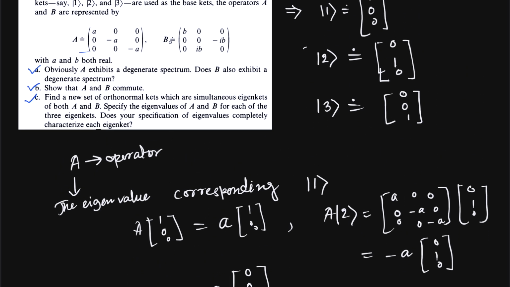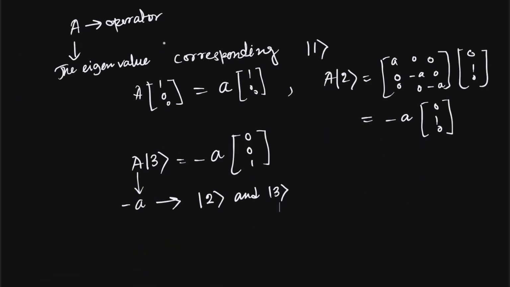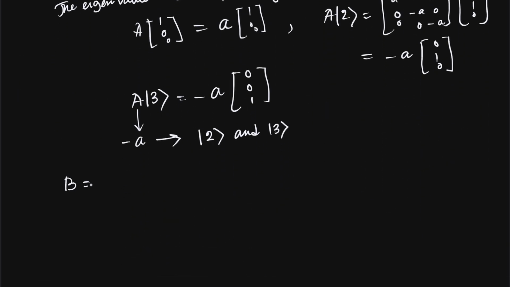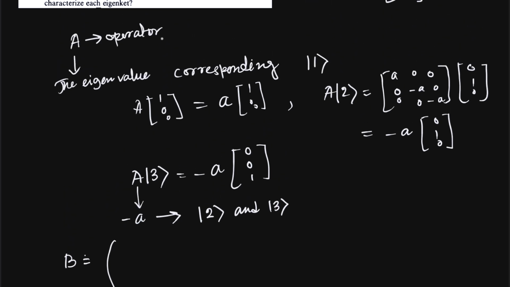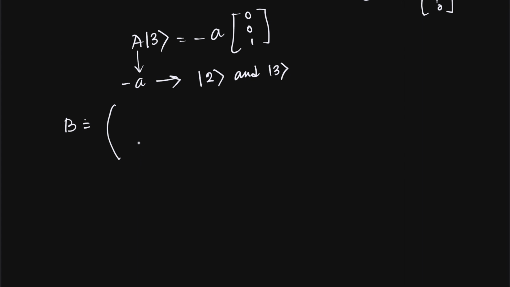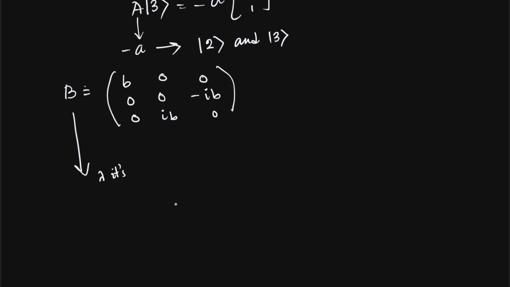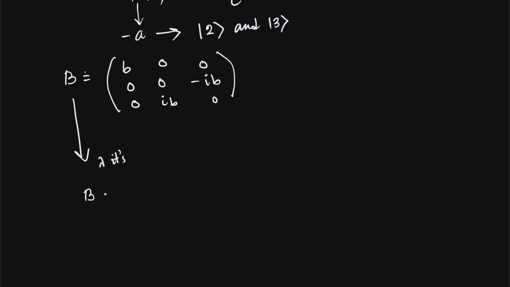Now let us check whether B is also degenerate or not. So let us first calculate the eigenvalues of the B matrix. B is represented by the matrix with rows (b, 0, 0), (0, 0, -ib), (0, ib, 0). Now if lambda is its eigenvalue, then it will satisfy that the determinant of B minus lambda times the identity should be 0.